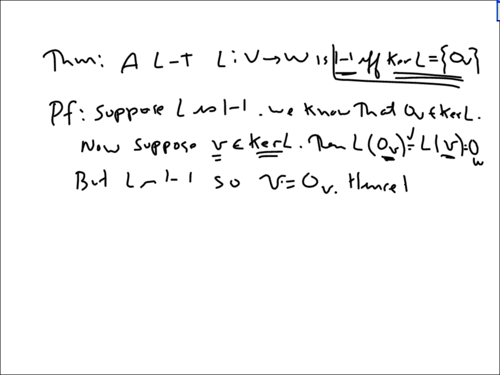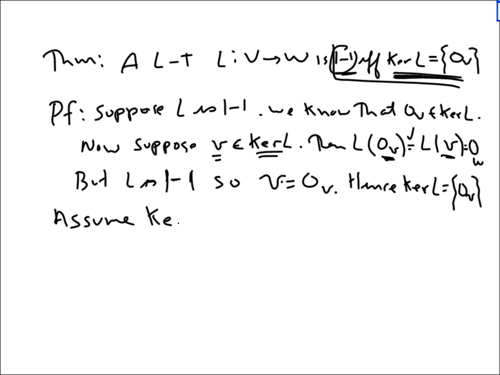Hence, the kernel of L is just the 0 vector. You can't take L of two things and get the 0 vector, not if L is 1 to 1. And all I use is the definition of 1 to 1. So I show that when we start with 1 to 1, we conclude the kernel of L is the 0 vector. Now I'm going to assume the other way.